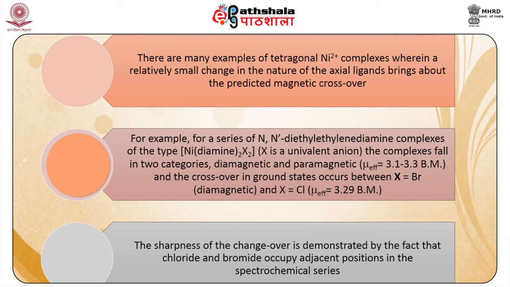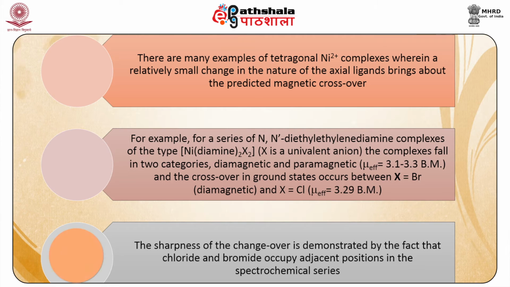For example, a series of N,N'-diethylethylenediamine complexes fall in two categories: diamagnetic and paramagnetic, with mu effective equal to 3.1 to 3.33 Bohr magneton, and the crossover in ground states occurs between X equals Br, diamagnetic, and X equals Cl, with mu effective equal to 3.29 Bohr magneton.